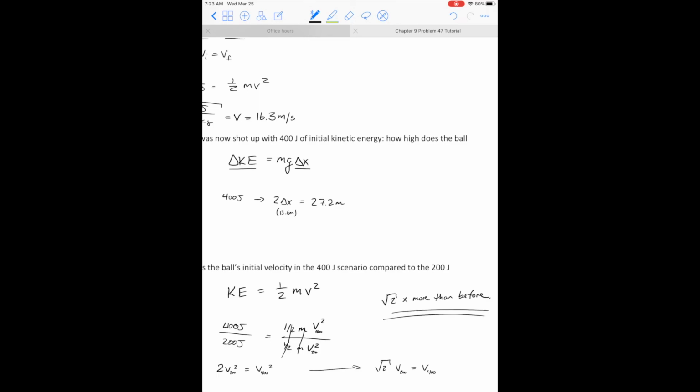If we actually wanted to calculate that, 16.3 times the square root of 2, I get V400 is 23.05 meters per second.